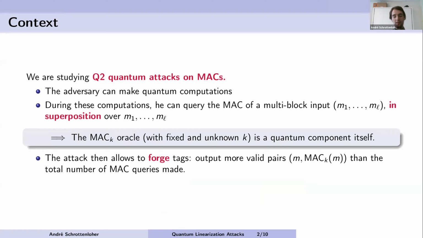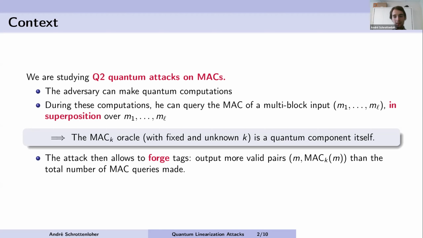So you can consider this MAC oracle as a quantum component inside the adversary's computations. This is a very strong model, but it's known that there are attacks in this model that we don't have with classical queries, and this is what we're going to do here.